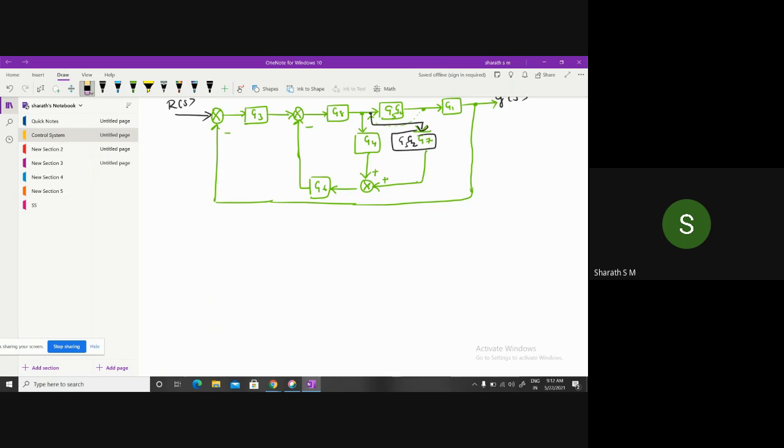Write down that G5, G2, and G1 are in a series connection. So make it a product.